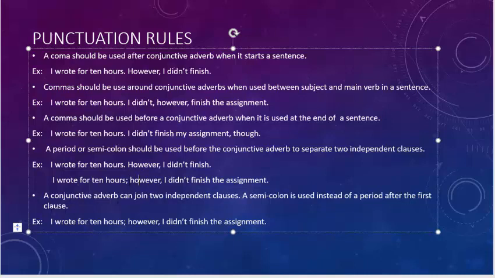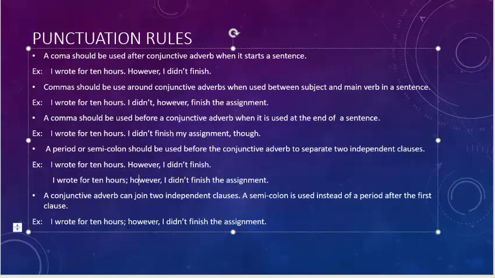And the last but not the least, a conjunctive adverb can join two independent clauses. This is one independent clause and this is another one, and this is a conjunctive adverb which has joined both of them. A semicolon is used instead of a period after the first clause. The purpose of a conjunctive adverb is to connect two or more ideas. Here, this is the first idea and this is the second idea. It has been connected with the conjunctive adverb however.